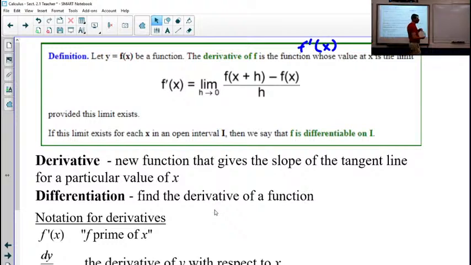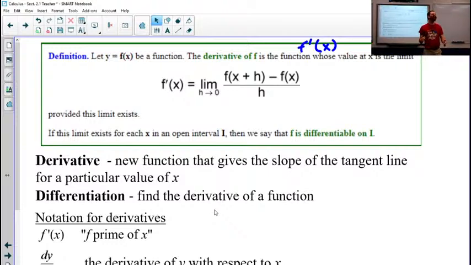This is the way our book talks about it. The derivative of f is the function whose value at x is the limit as h approaches 0 of f of x plus h minus f of x, over h. So this is talking about the general function. So right now we've been finding derivatives at particular points.